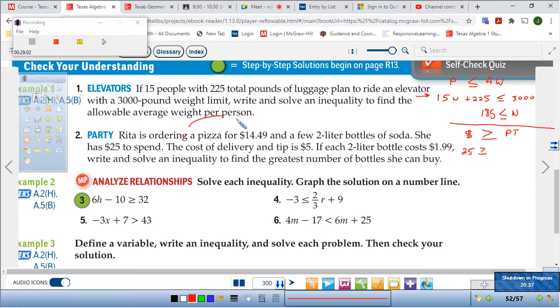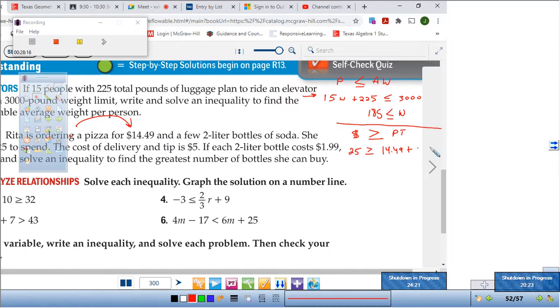She's ordering a pizza, so that's a cool part. We know that one's $14.99 or $14.49. And then she's going to order some drinks, right? And each delivery, oh great, we have a lot to add on this one. So each drink is what? $1.99.